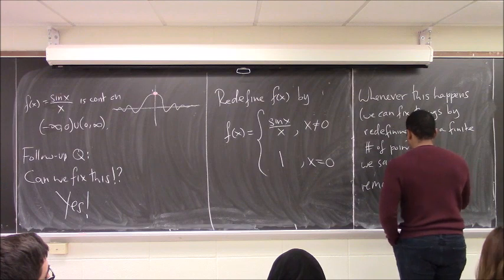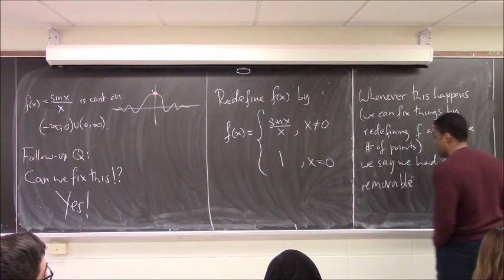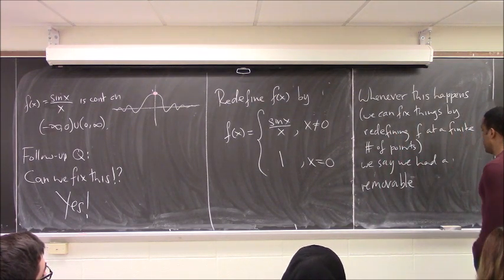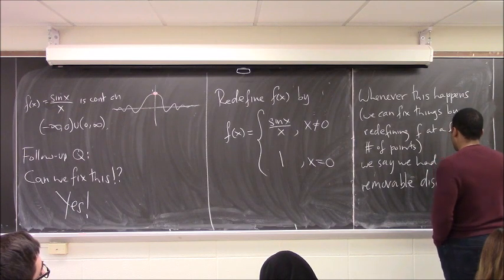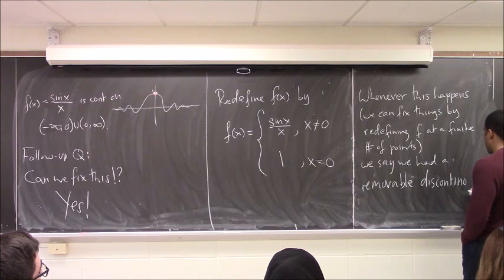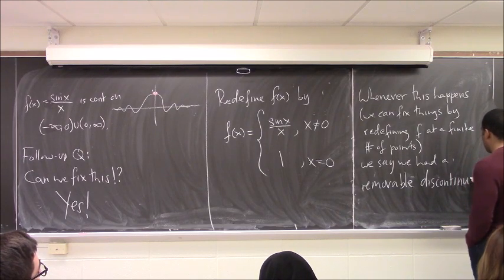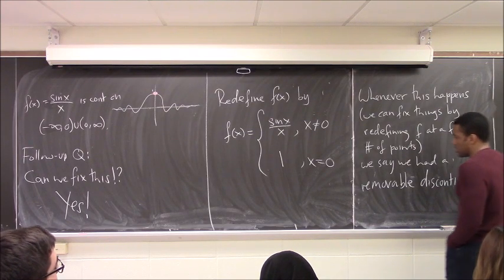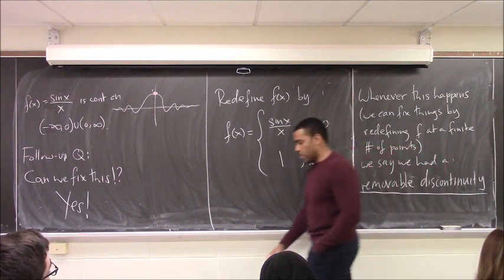So it wasn't continuous there. Another way of saying that is it's discontinuous there. However, if the discontinuity can be removed by redefining your function as a piecewise function, this is called a removable discontinuity.